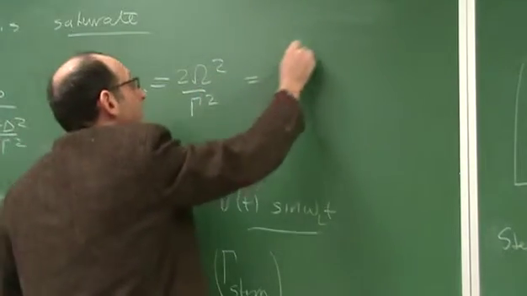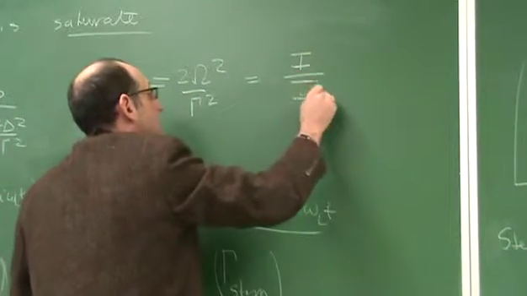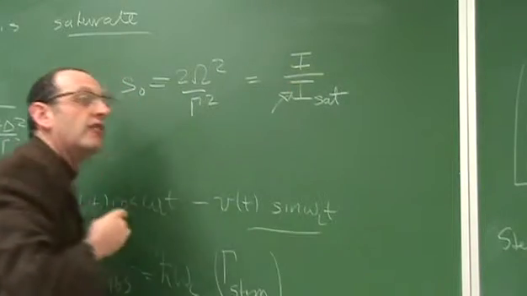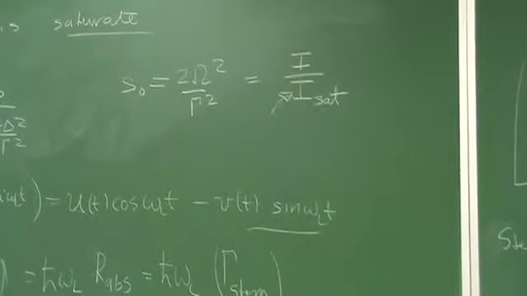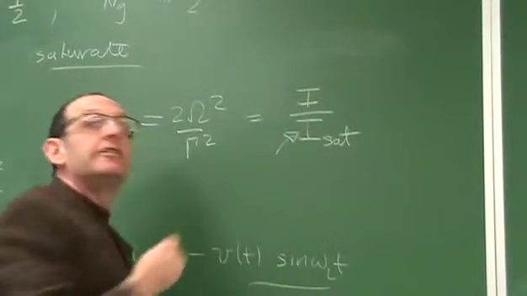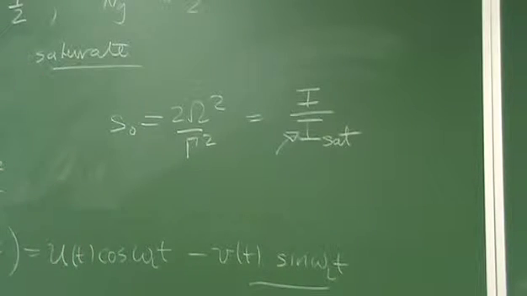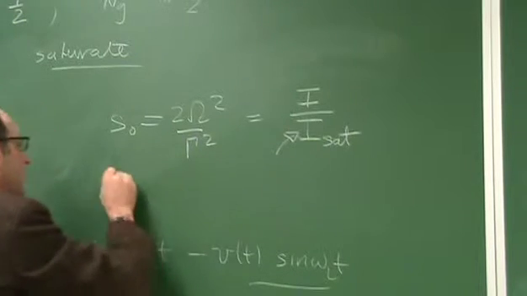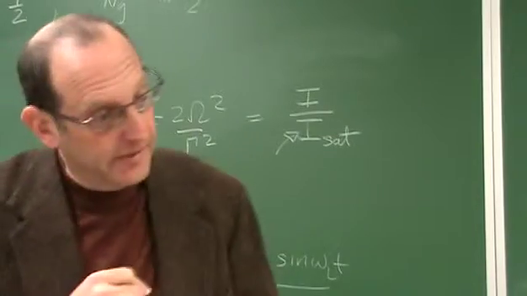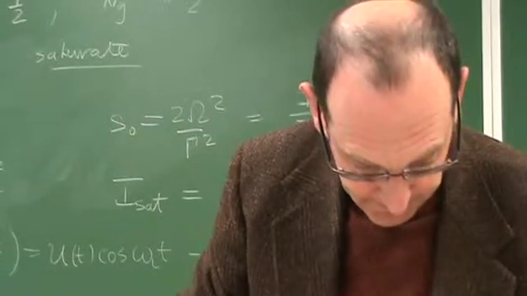But we often express that in terms of a characteristic intensity that is characteristic of the atom. It tells us, if I am on resonance, how much intensity do I need to shine on the atom in order to saturate the transition? And we calculated that saturation intensity.